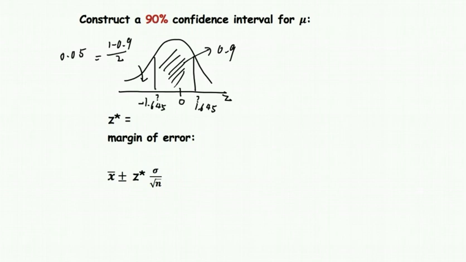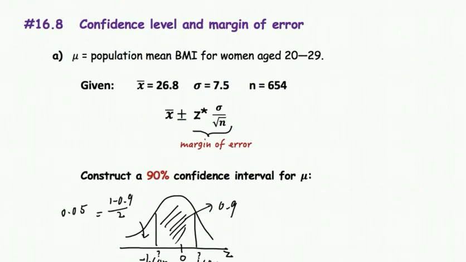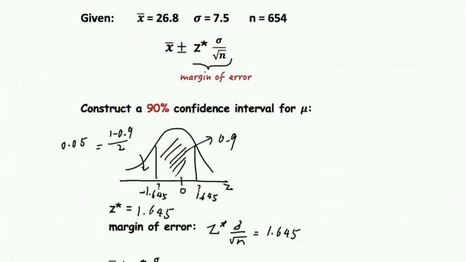For a critical value, we only take the positive z value. Then our margin of error is the product of the z and the standard deviation. Our sigma is 7.5, n is 645.